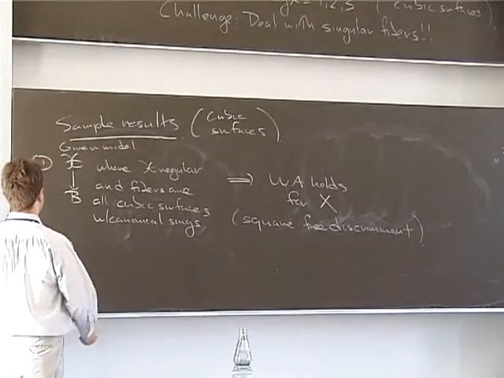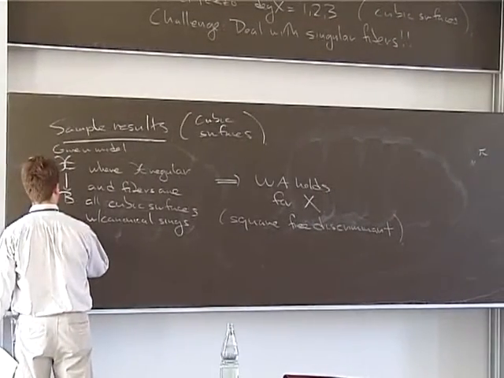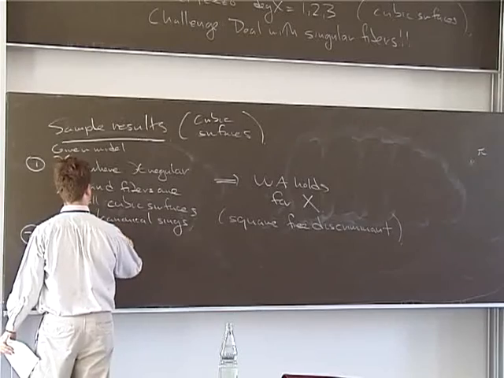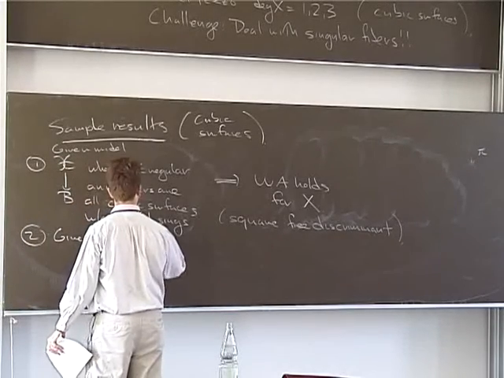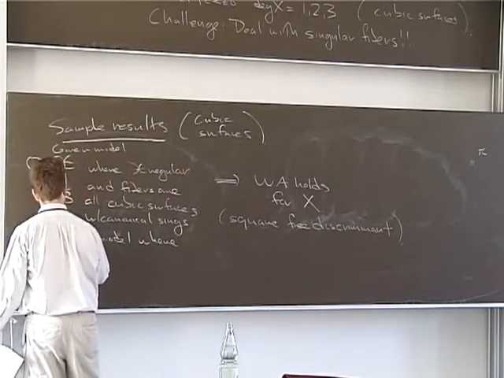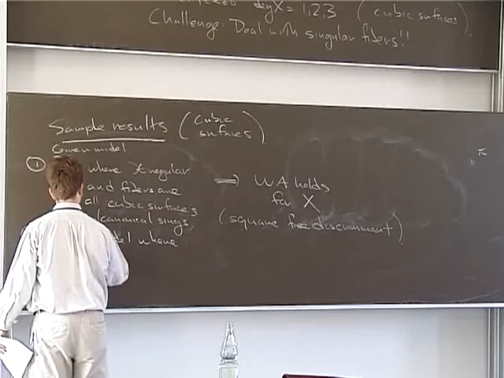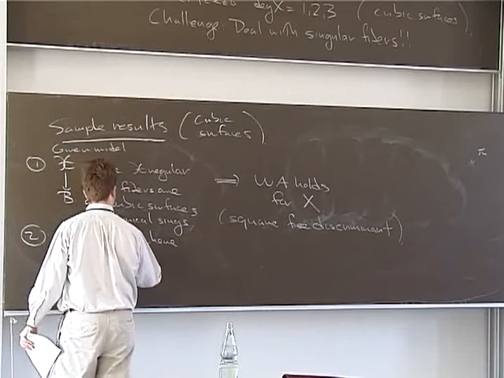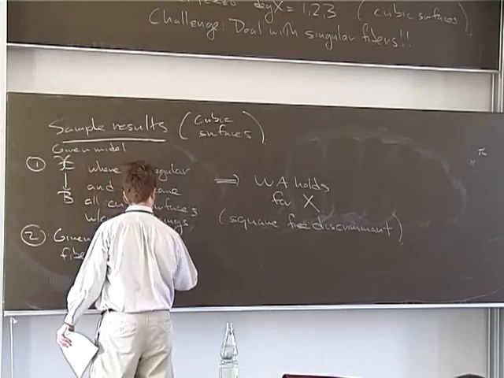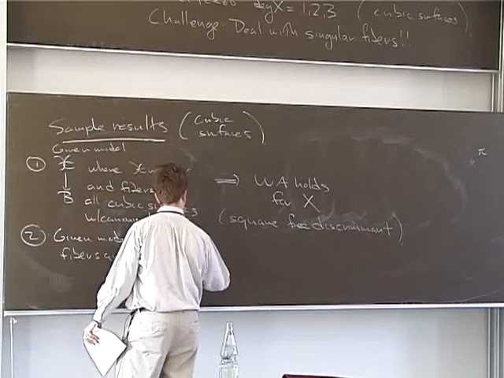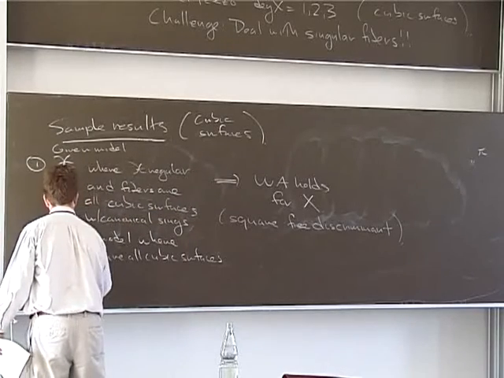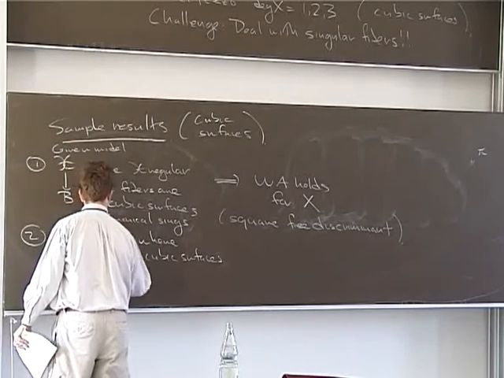So here's another example. Let's say we're given a model where the fibers are all cubic surfaces with A1 singularities.